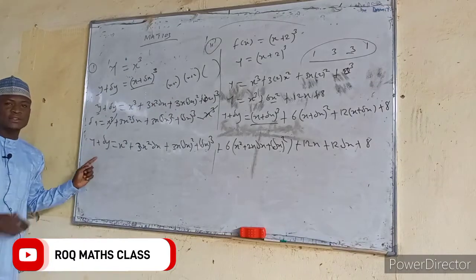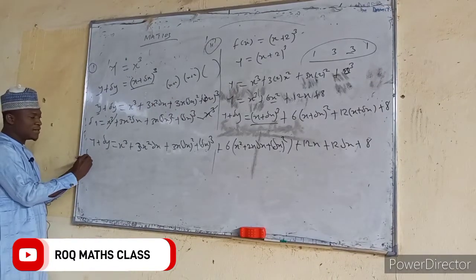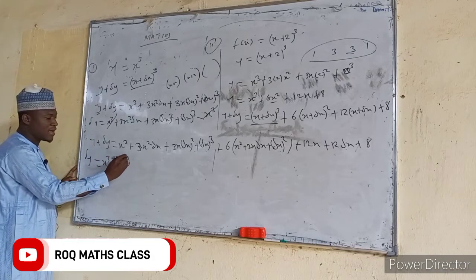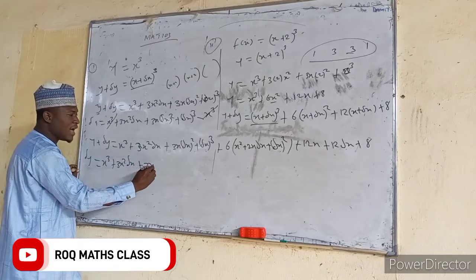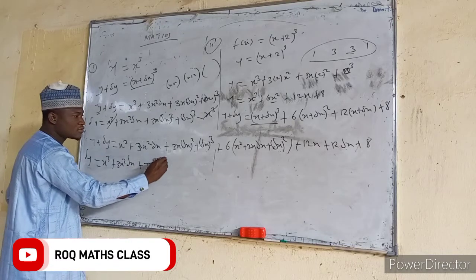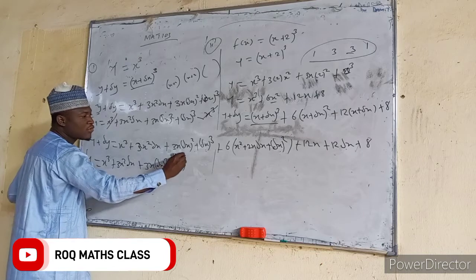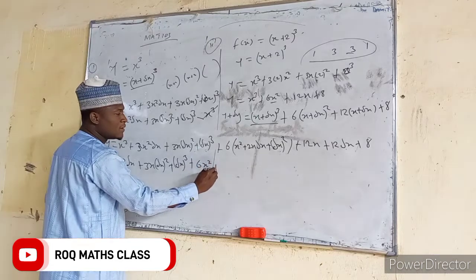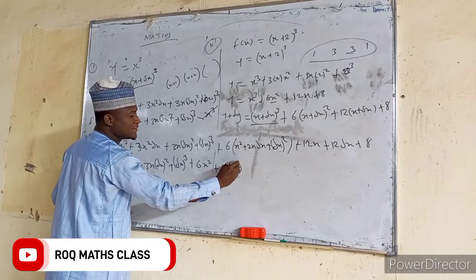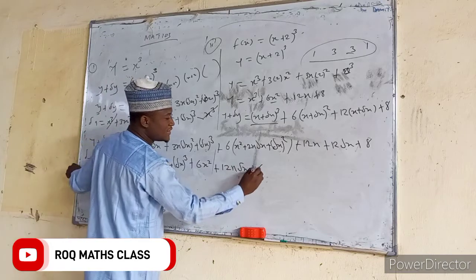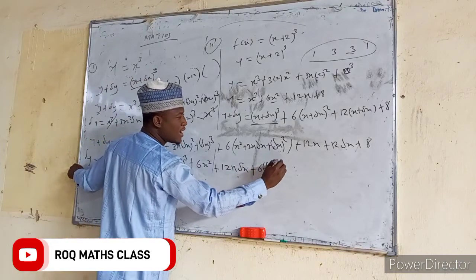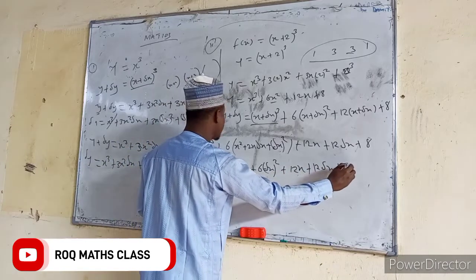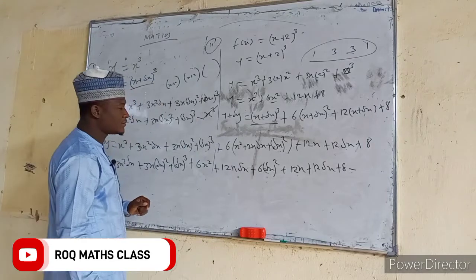Then I can take this y to right hand side to have dy is nothing but x cubed plus 3x squared dx plus 3x dx squared plus the x cubed, plus I expand this to have 6x squared plus 12x dx plus 6 dx squared plus 12x plus 12 dx plus 8 minus our y.